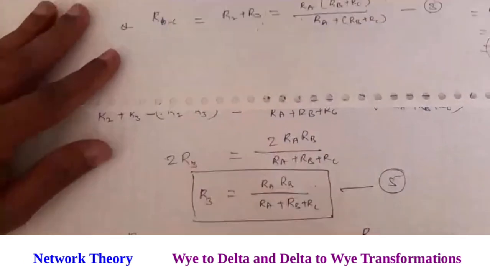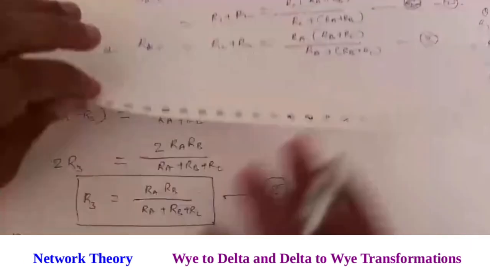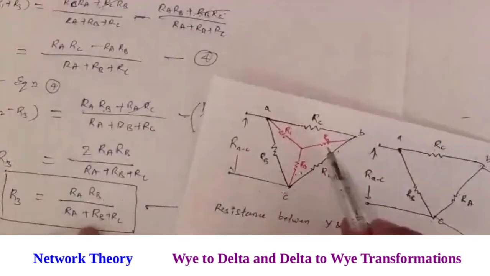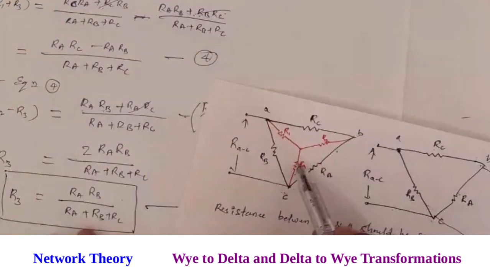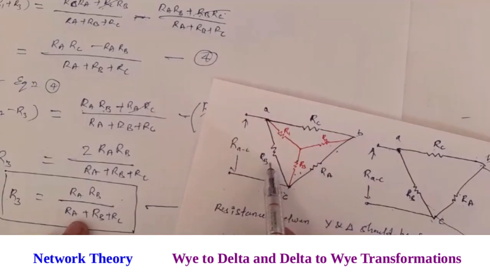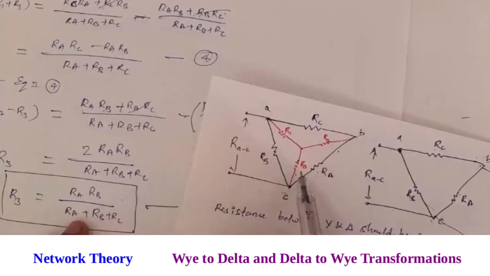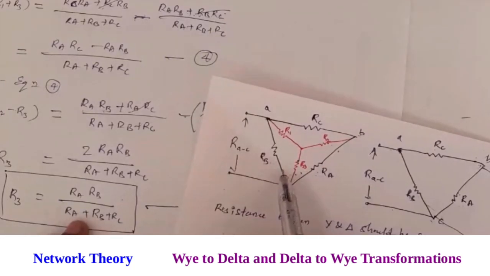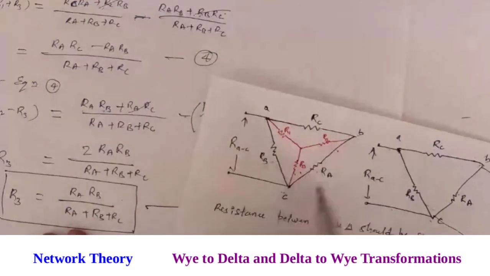Before that, dear students, look at R3, which is a resistance of the Y network. How can we find it? R1 and RB both are the closest resistances, connected to R3. Multiply these two closest resistances and divide by the sum of all the resistors.